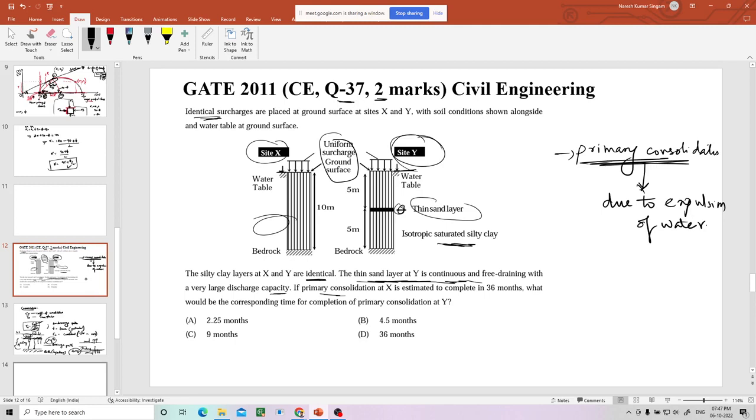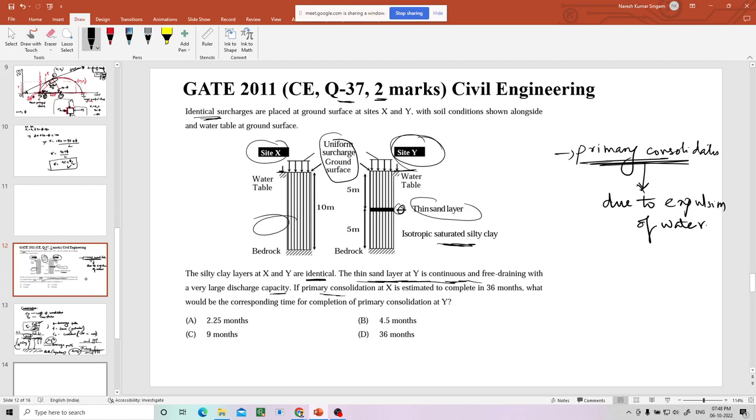Consolidation can happen due to the elastic settlement of the clay, and it can happen due to water expelling out, and another reason is the disintegration of the particles. When the particle is crushed, because of that also soil can settle, and consolidation can happen.